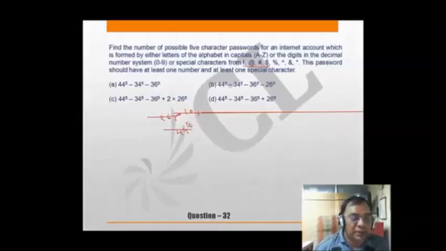Okay, and as a simple case, now we'll have to keep making cases. There's nothing I can do about it. This should have at least one number and at least one special character.